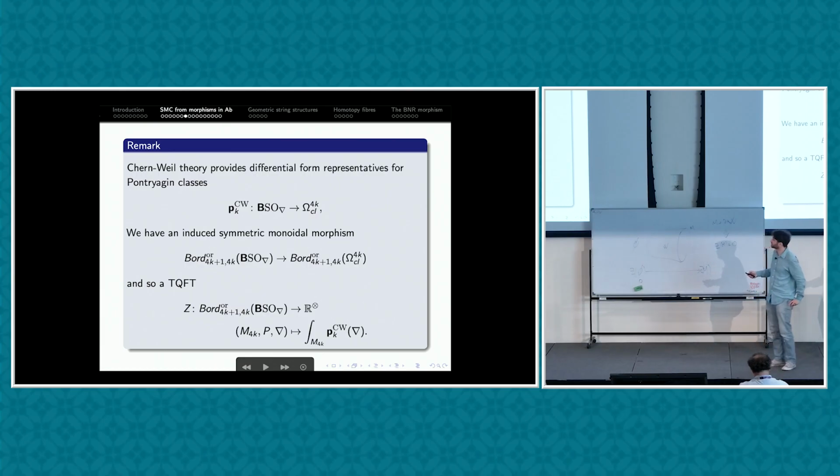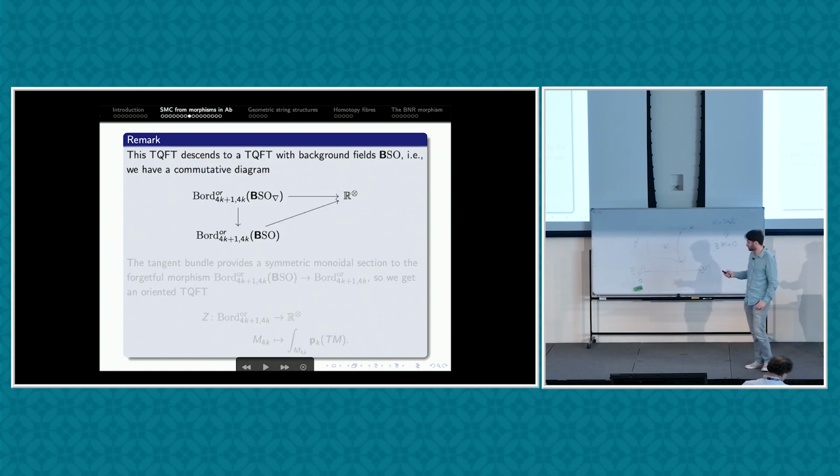But now I have seen that if I start with this bordism, so bordism with closed forms, then I have this TQFT with values in R. And then I can do this composition, and I get a TQFT which starts with manifolds equipped with principal SO bundles with connections and gives real numbers. What is this? It is just the characteristic number.